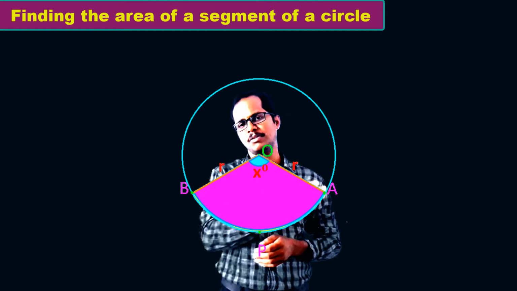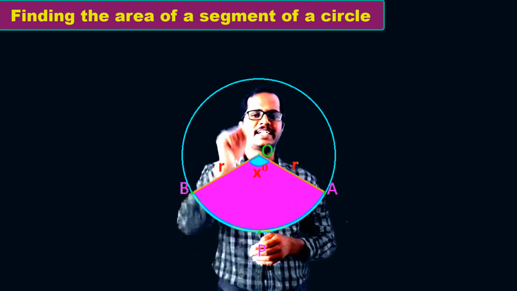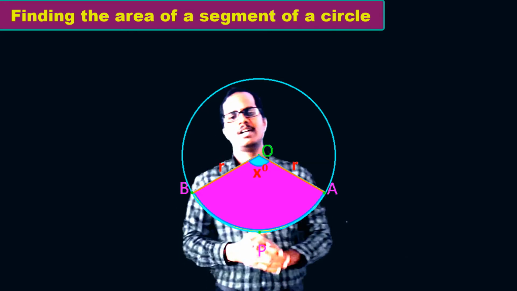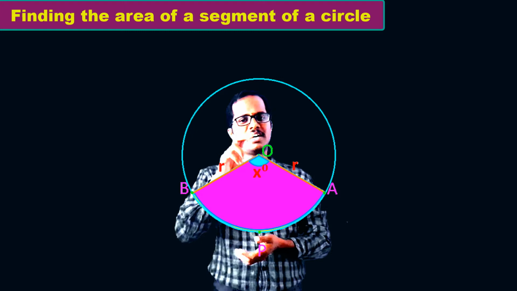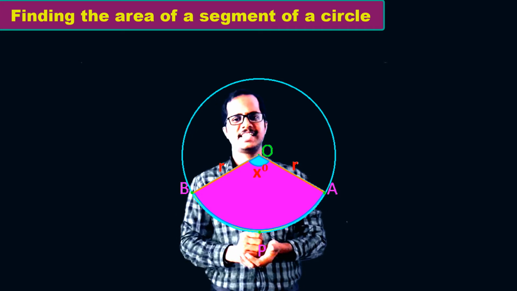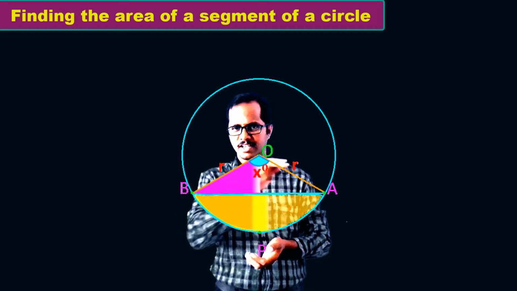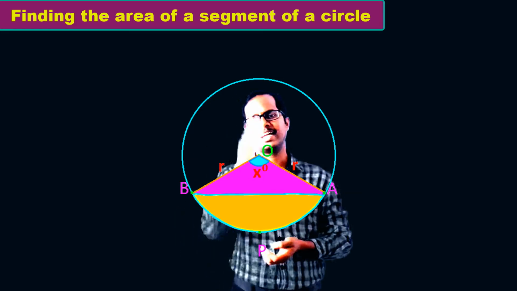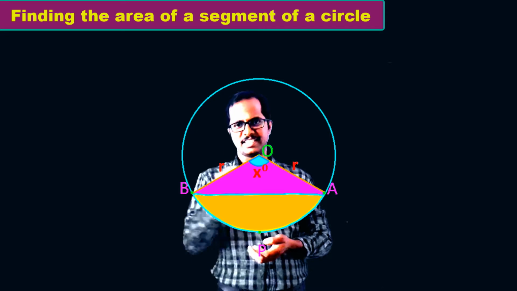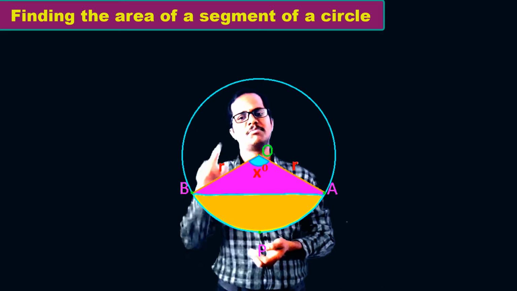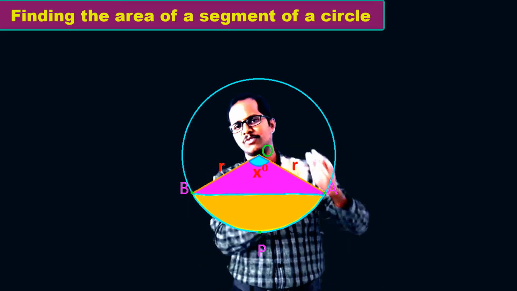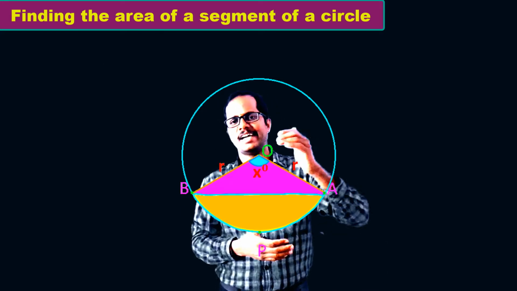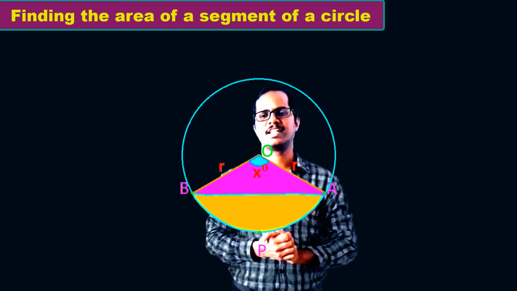In this sector, we know the sector angle, that is x degrees, and we know the radius of the sector. And this sector is the combination of two regions. One is the segment of the circle, that is APB, and another one is the triangular region, that is OAB. So the sector OAPB consists of a triangular region and also the segment of the circle.